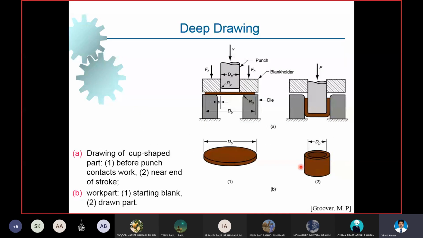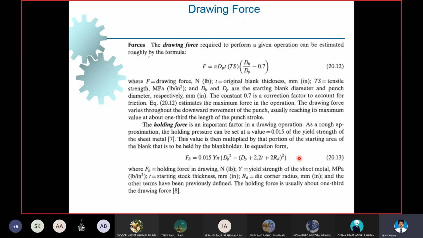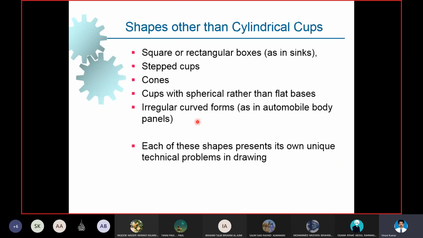You know the thickness of the material, but dB you don't know. So apply pi over 4 dB square h for the disc shape, equate it to the final volume, and then find dB, the diameter of the blank. This is how we select the diameter of the blank before cutting.